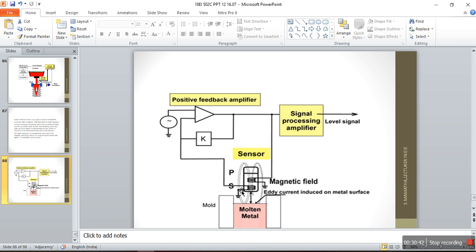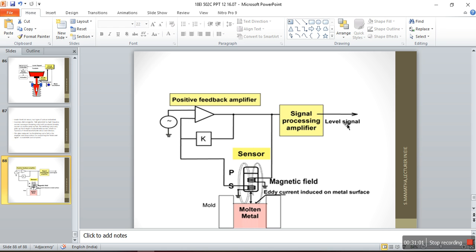The amplifier unit will give a signal to the signal processing amplifier. That signal processing amplifier will give a level signal to the mold level controller.